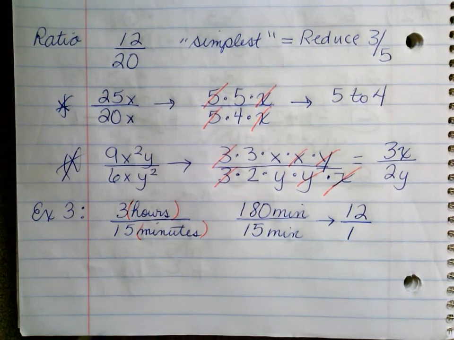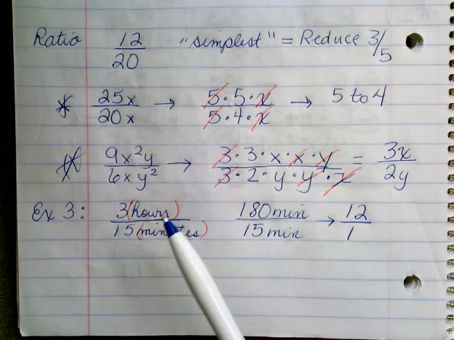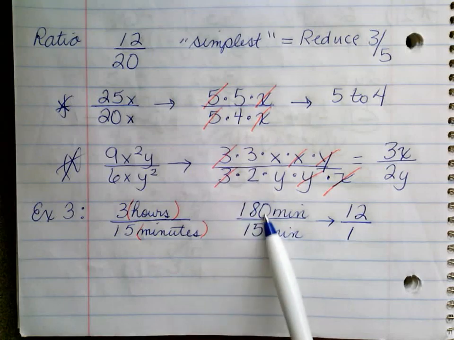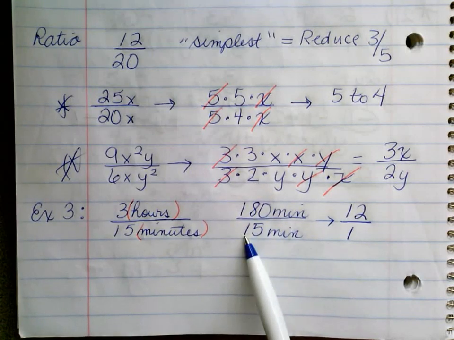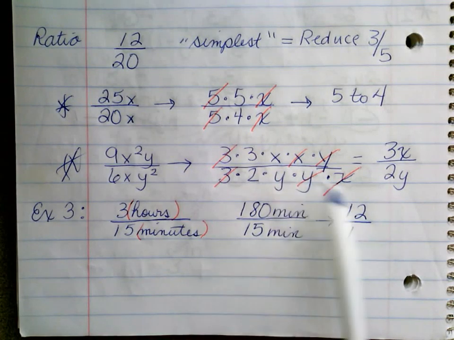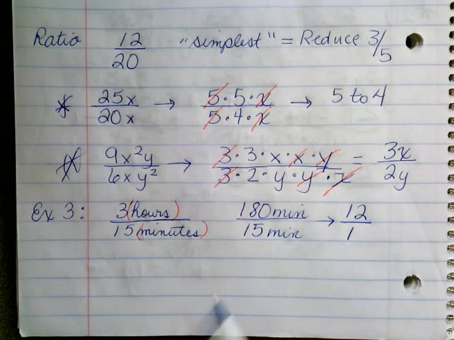Yeah, because what this has just told me is that the ratio of this to this, in the same unit type, minutes cancels out just like any other thing would cancel out. Just like x over x cancels out or y over y cancels out. So 12 to 1 would be appropriate. Do not write 12 minutes over 1 minute. They canceled out.